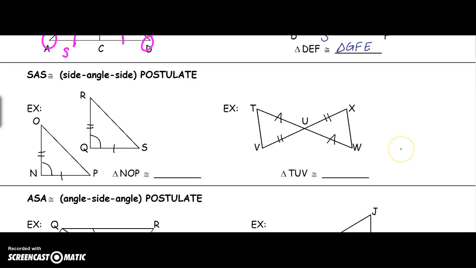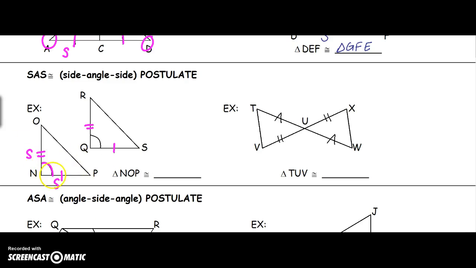Another way of proving triangles congruent is side, angle, side. So now we have two sides that are congruent and the angle between them. So again, you check to see what you have. So here I have a side and a side. They both have the two dash marks, so I'm going to write S. And then again here and here, and so those are congruent, so I'm going to write S again, representing side.